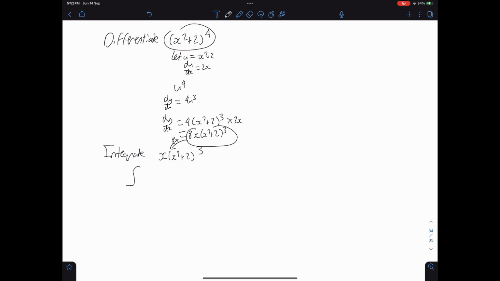So what we will do is we say that the integral of x(x squared + 2)^3 dx is equal to 1/8 of (x squared + 2)^4, plus c, of course.